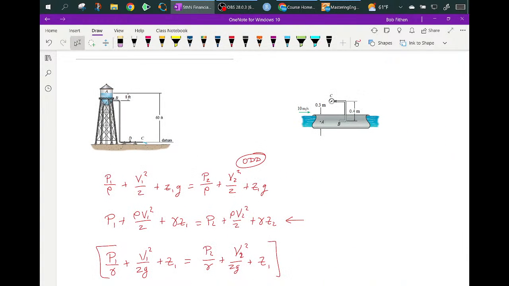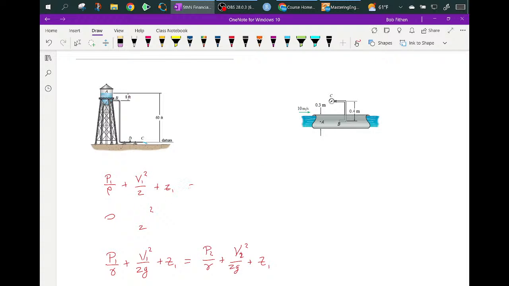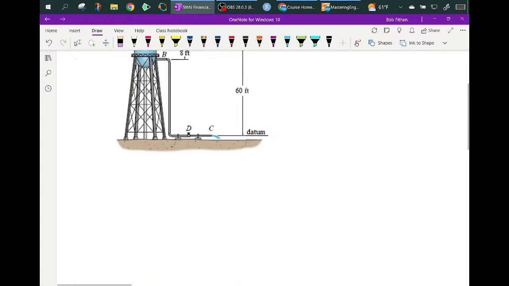So his first question is, when the gate in D is completely open, there's your D right there, what's the water velocity coming out at C? So I'm going to pretend to be a civil here. I like civil engineering, actually, and it's kind of enjoyable.